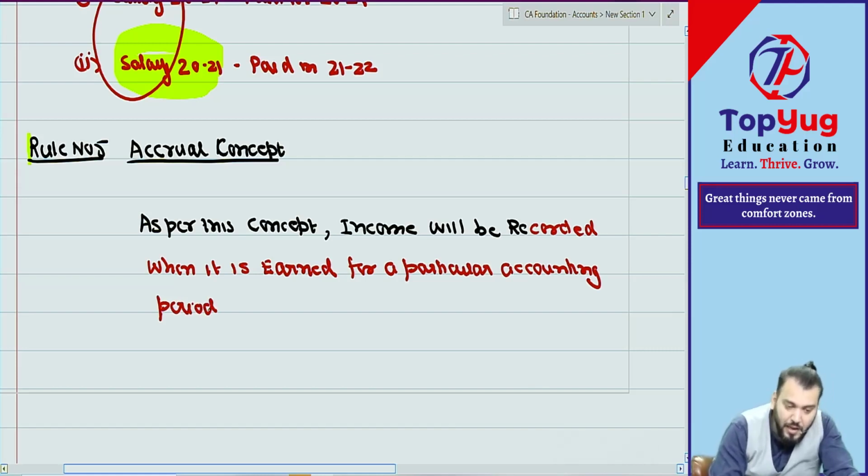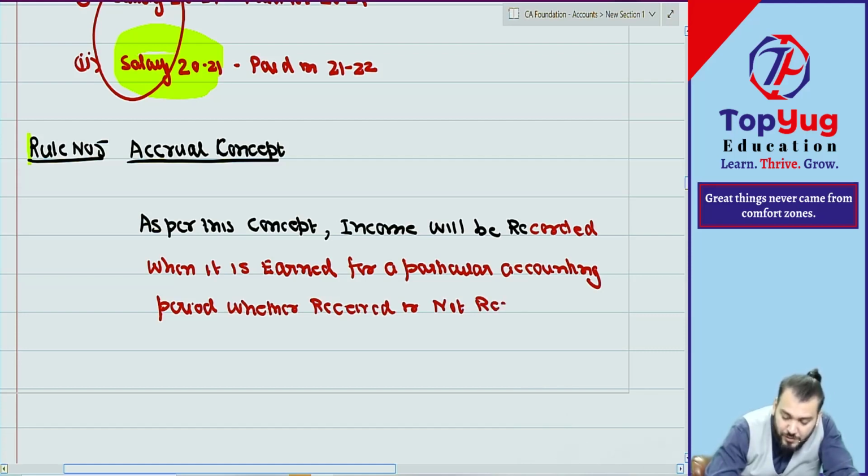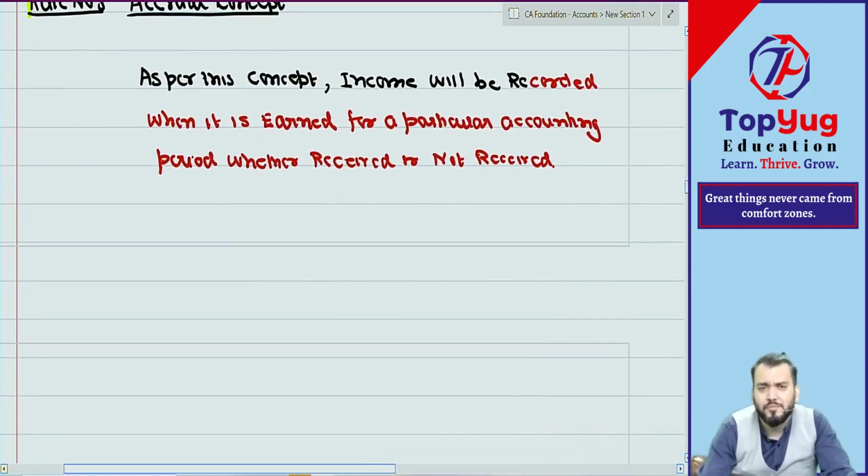For a particular accounting period, whether received or not received. Correct? Understood? Whether received or not received.